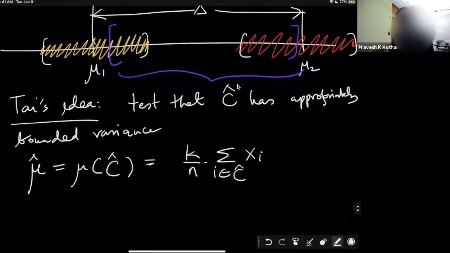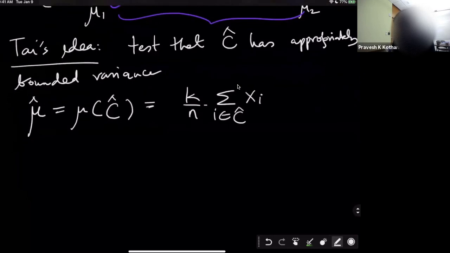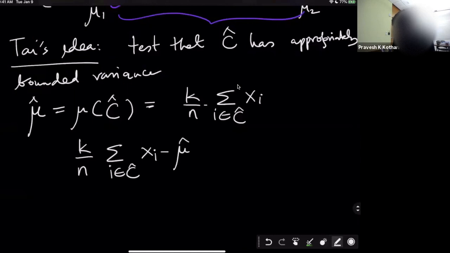Because I'm looking at variance, I have to look at the variance around some point, and I'm going to look at the variance around the mean of C hat. So Tai's idea is to compute this number: k over n, sum over i in C hat, of xi minus mu hat squared, right?